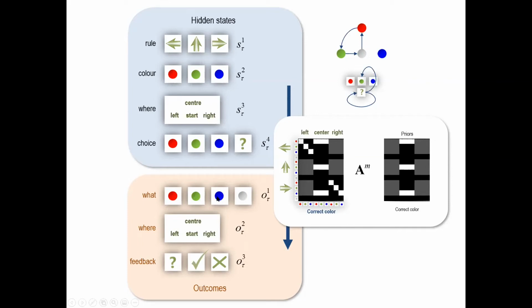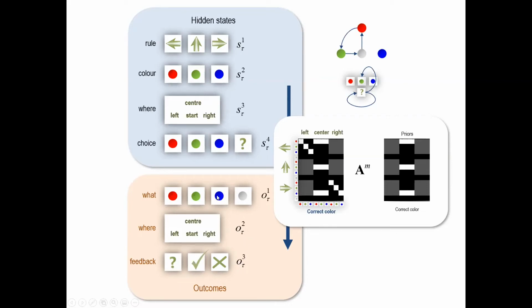I also know where my eyes are pointing, so I can be in the center, the left or the right. And I also know what I've chosen in terms of the experimenter giving me feedback. Either there is no feedback at the moment, or the experimenter is saying, yes, that was right, or no, that is wrong. So you can regard this as some auditory outcome, which is positive or negative or null.